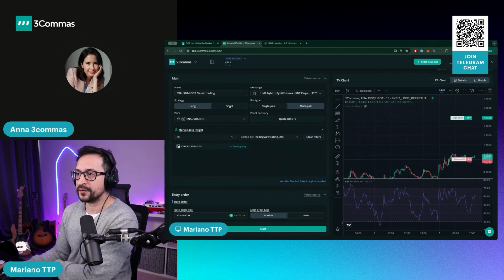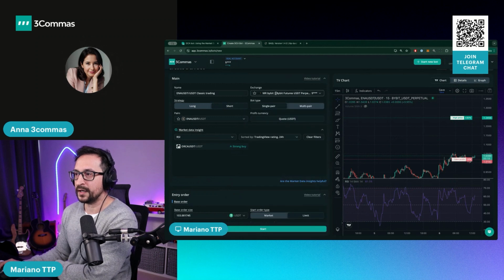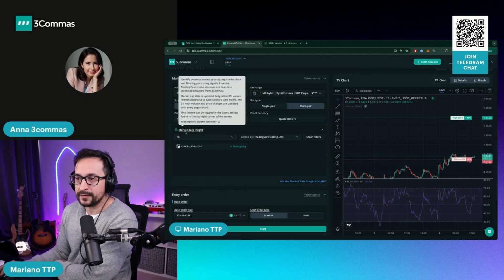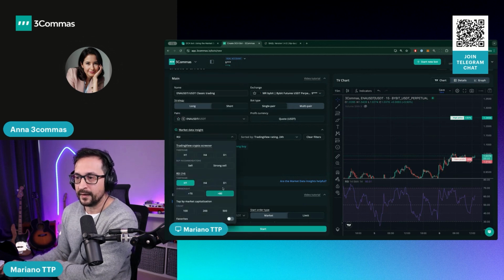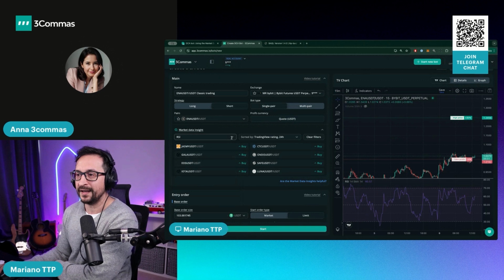So you can go straight into short and then you pick an exchange. In this case, I'm going to use futures perpetual on Bybit. And then after having done that, I head down to market data insight and I have this menu that allows me to narrow down my search. So straight from 3Commas, I'm basically not needing to use TradingView.